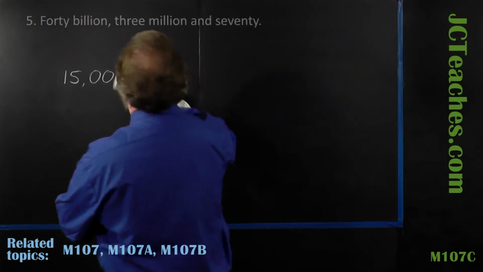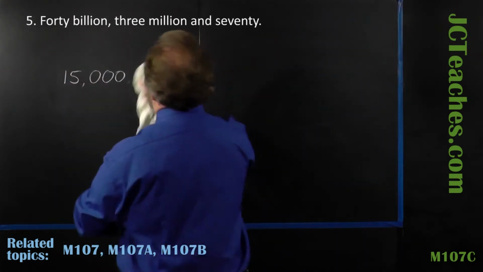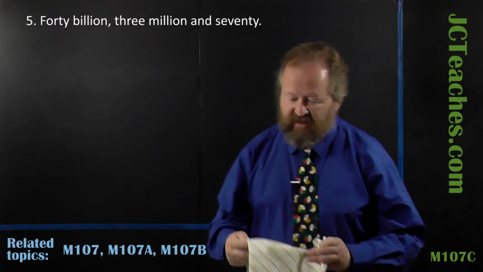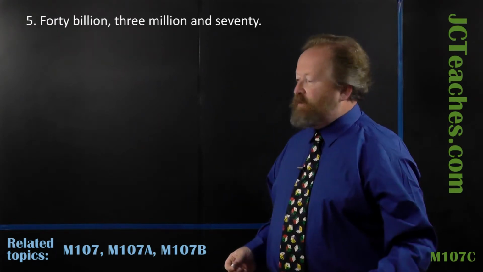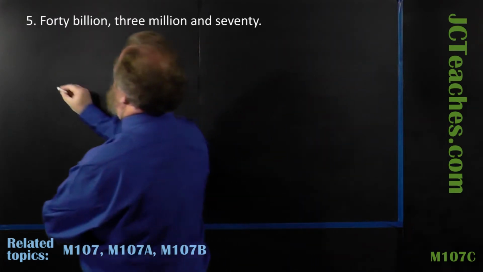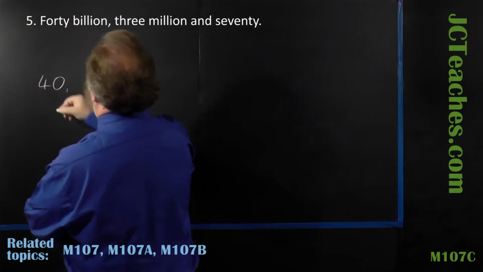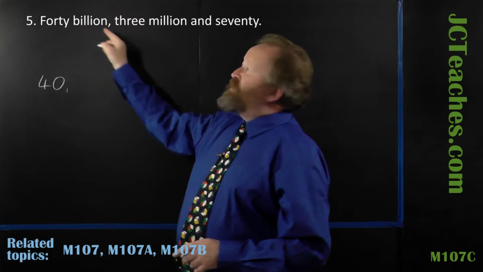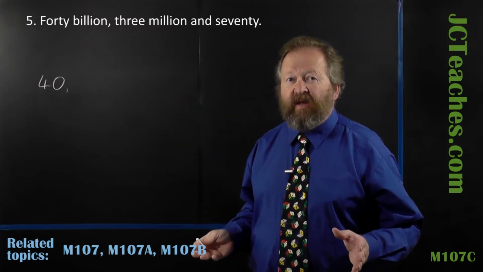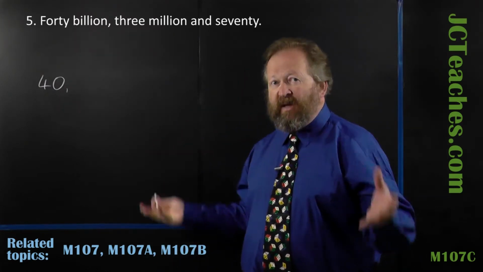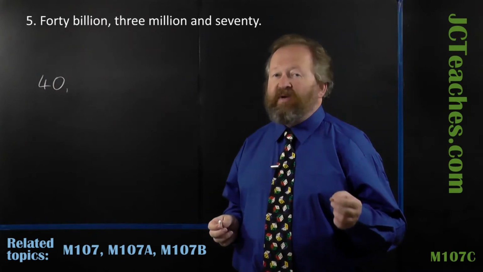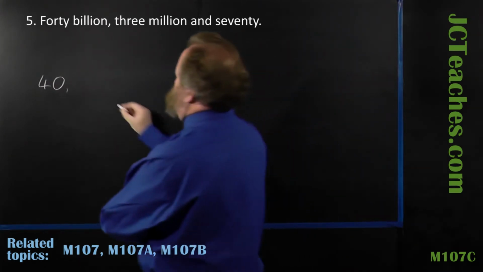Now the next one, we've got up here 40 billion. That's quite a large number. 40 billion, 3 million and 70. So we've got the 40 billion, right? Then we've got 3 million. That 3 million does come after your 40 billion, so you haven't got to put 3 zeros in there. But because we've only got 3 million, we have got to put 2 zeros.